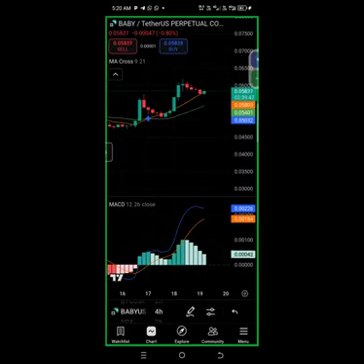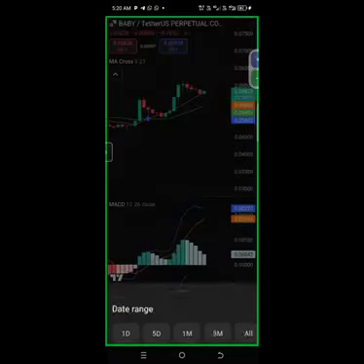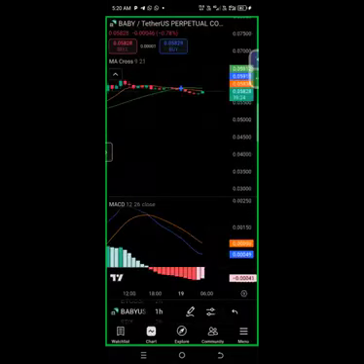Mind you, we are dealing with probability. The 1-hour time frame is telling us exactly what we saw, that indeed sellers are trying to take over, and that is the exact picture we are seeing here.